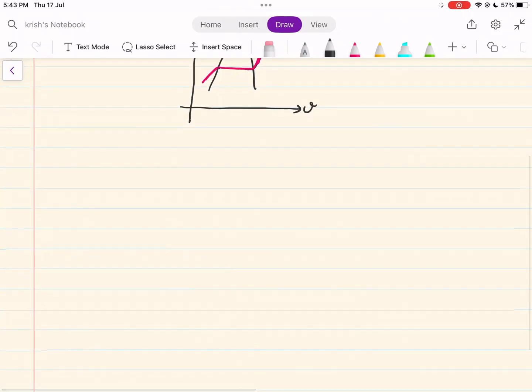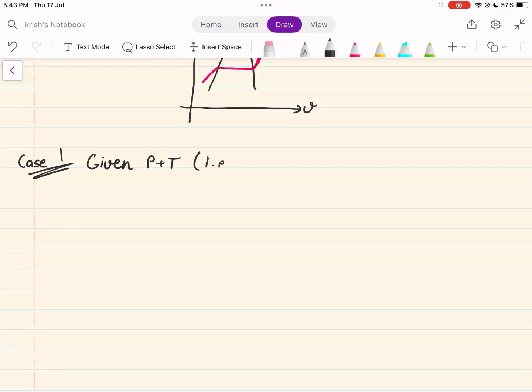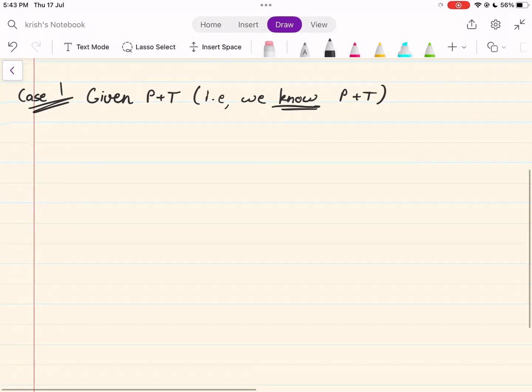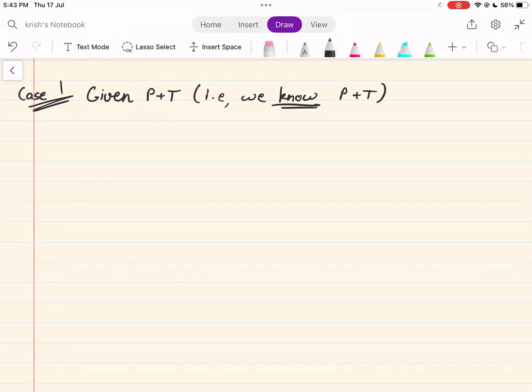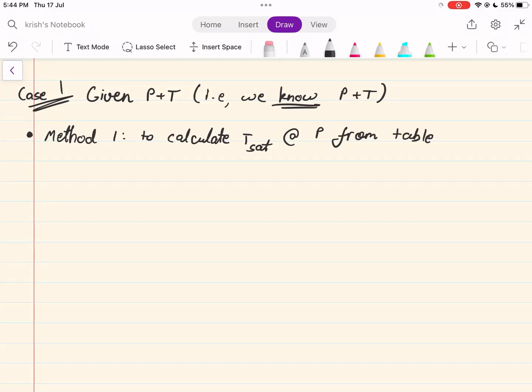So let's start with case 1. We are given pressure plus temperature. That is, we know the pressure and temperature. So method 1 is to calculate T sat at the given pressure from table.